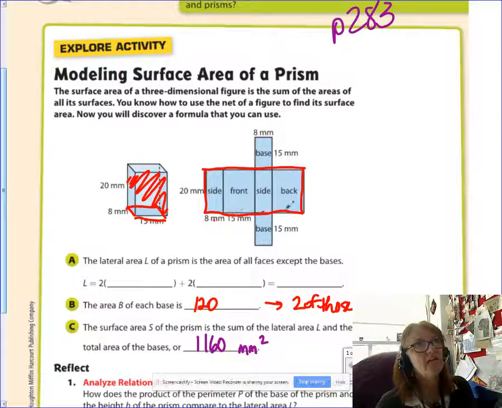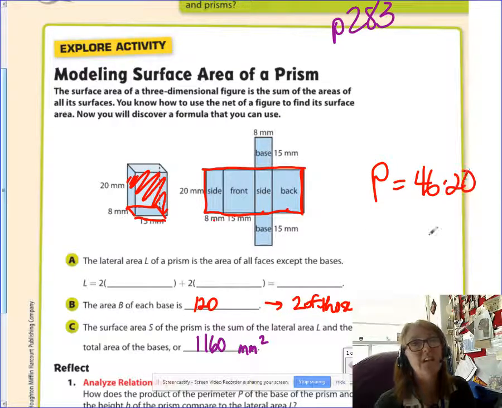That's like the perimeter of the base. 8 and 15 is 23, another 23. Your perimeter of that bottom is really 46. Multiply that times the height of 20, and that gives you 920. Right here.